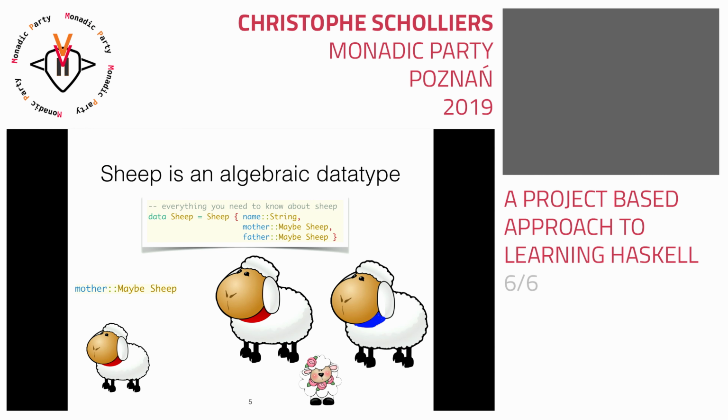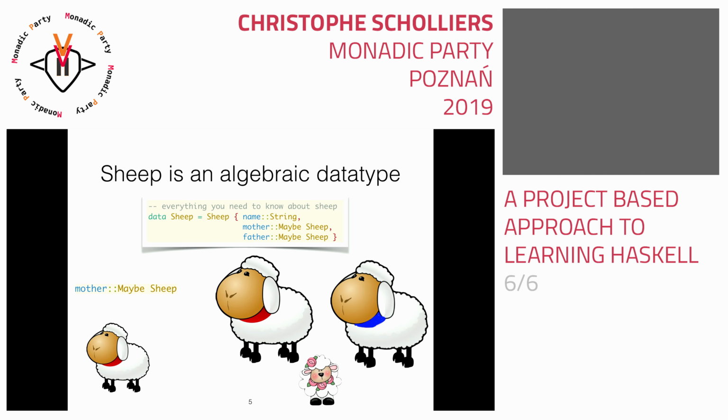So let's play around with this, because this is something which is called record syntax, and I haven't shown you this yet. These things are almost the same as writing sheep, string, maybe sheep, maybe sheep. These are the arguments for the sheep constructor.